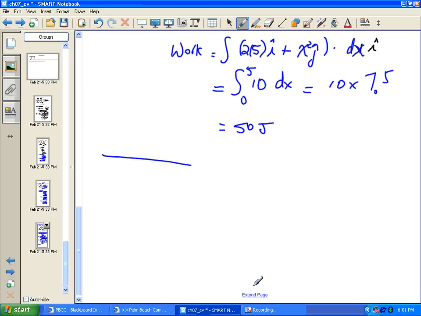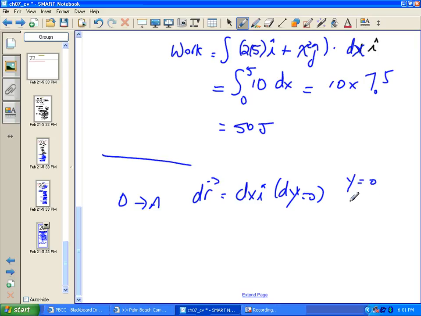Let's check the next path. The next path is from O to A. Here, dr is equal to dx i hat, dy equals 0, so there's no variation in y, and y has a value equal to 0, x goes from 0 to 5.